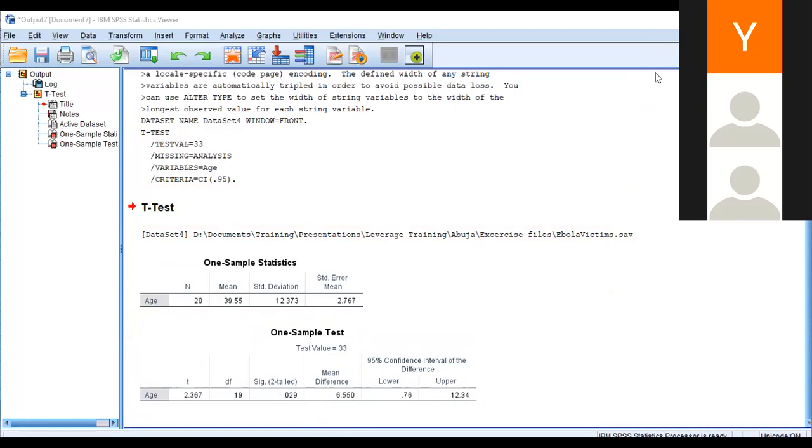Zero is on your number line. If it's 0.76, that is higher than zero. Don't worry, it doesn't cross zero.